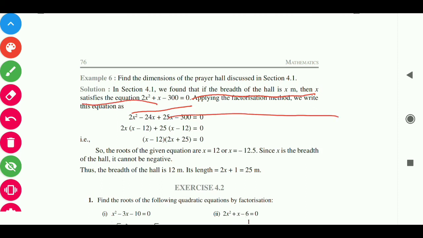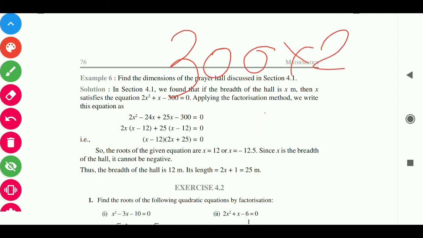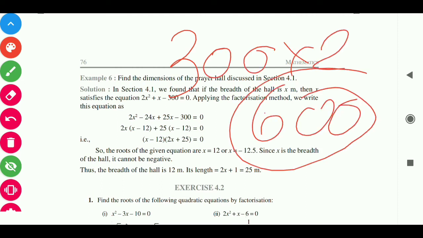Applying the factorization method, we multiply 300 into 2 equals to 600, and the factors of 600 which will give us plus 1 are 24 into 25.